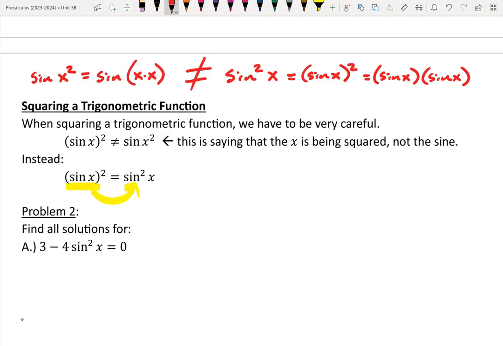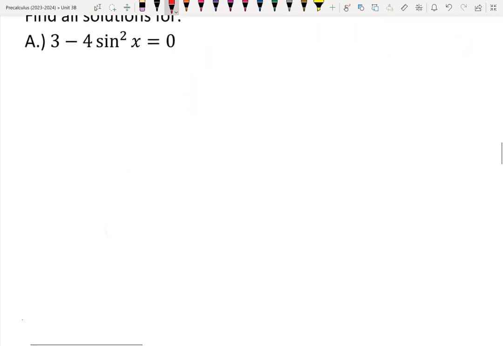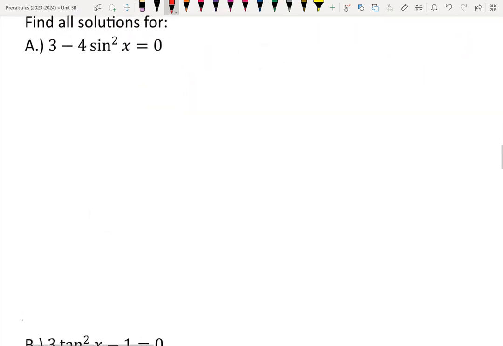So let's go ahead and try solving an equation that involves a squared trig function. So let's go ahead and look at problem A. So again, process will be very similar. I want to get my trig function by itself. So Daniela, how would I get that trig function that I highlighted by itself? I wouldn't want to add the 4.